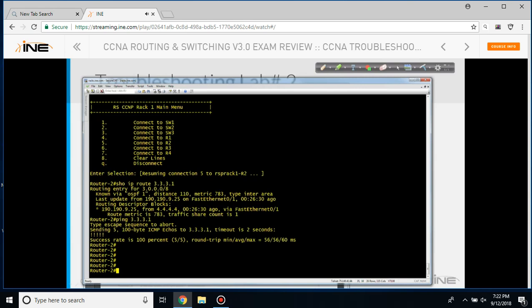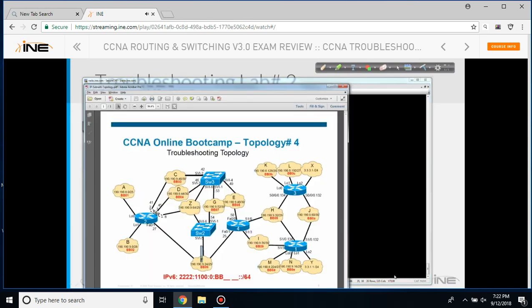Now remember, we had two problems in this. If we go back, one problem was that router 3 had no OSPF relationships across network H, and that has just been fixed. The other problem was that router 3 didn't have any OSPF relationship across the point-to-point cloud.